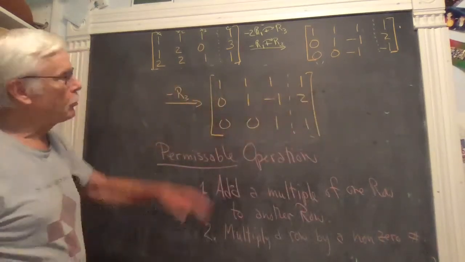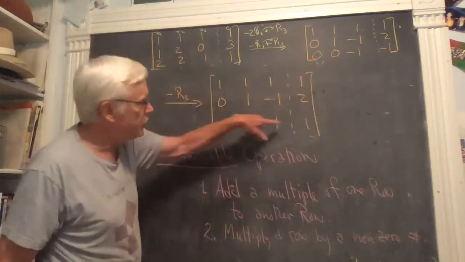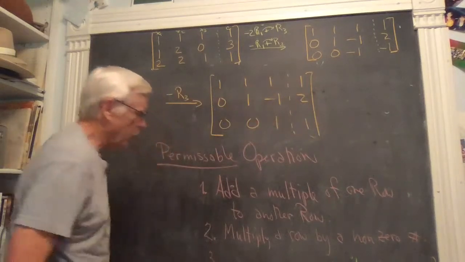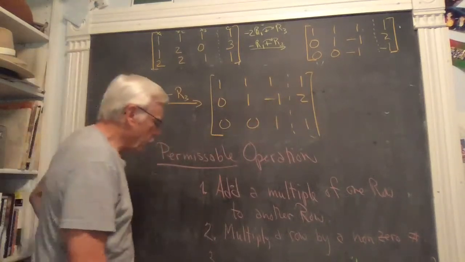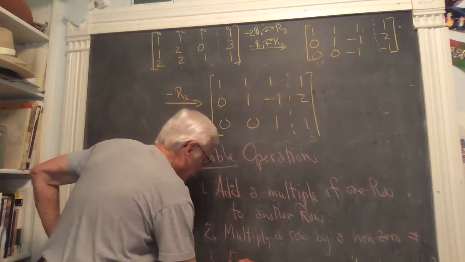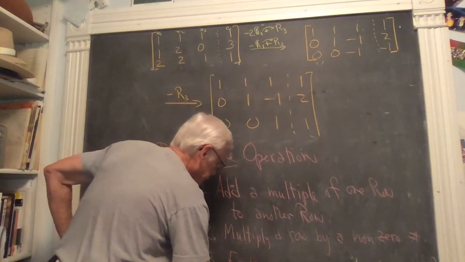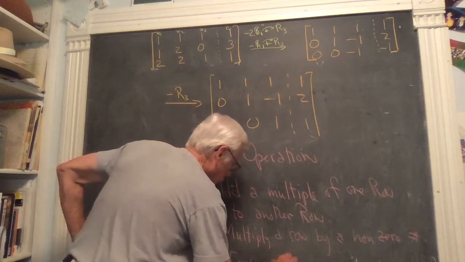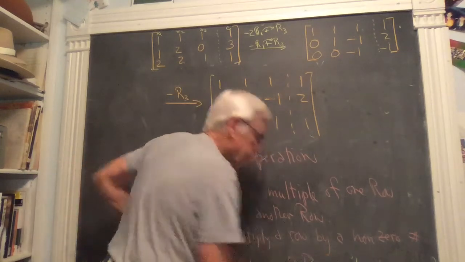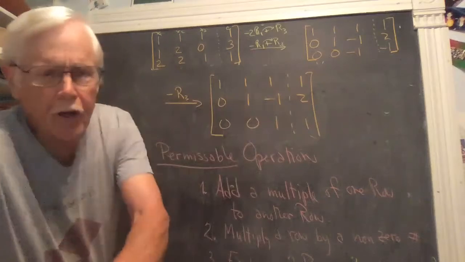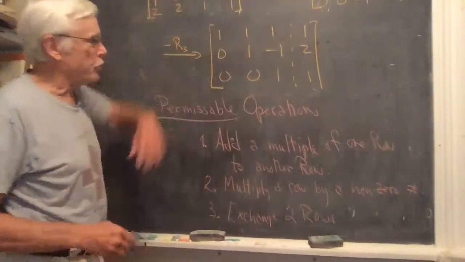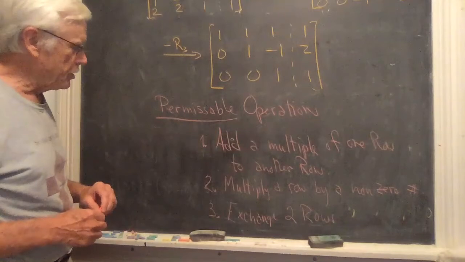It's multiplying both sides of an equality by a number. We did that here when we multiplied both sides by minus 1. And another one that we didn't use here, but comes in handy, you can exchange 2 rows. So exchanging 2 rows just means you reorder the equations, but has nothing to do with the solution.